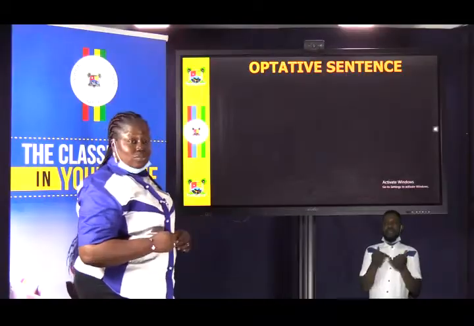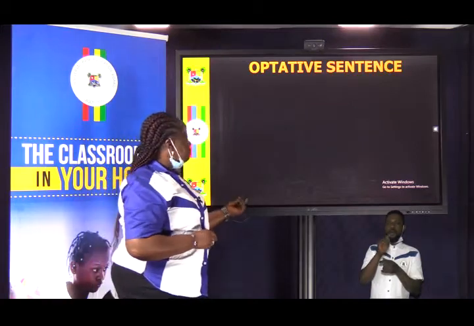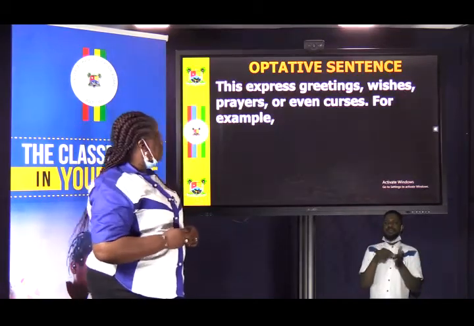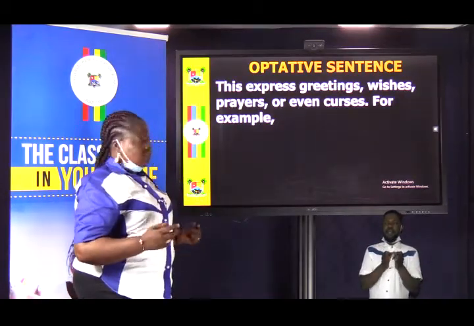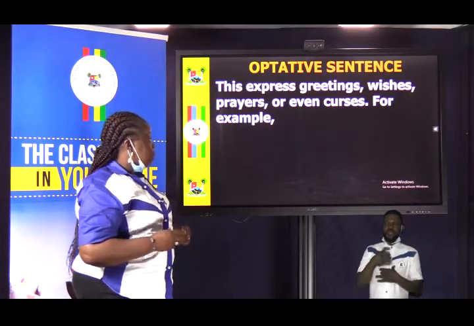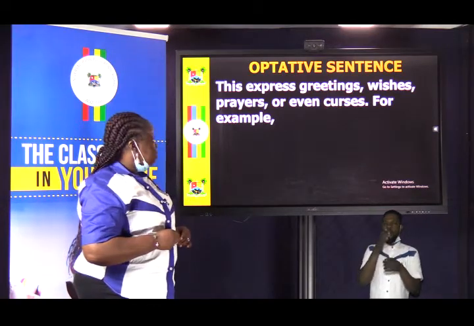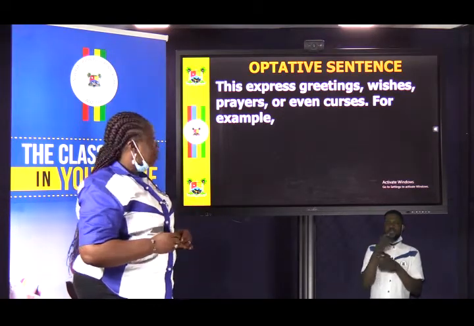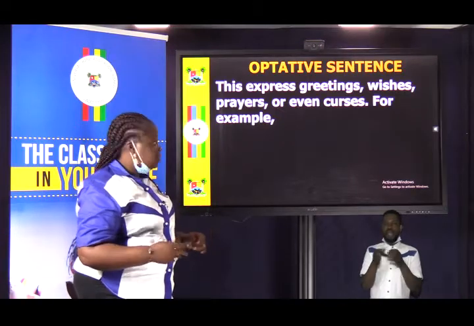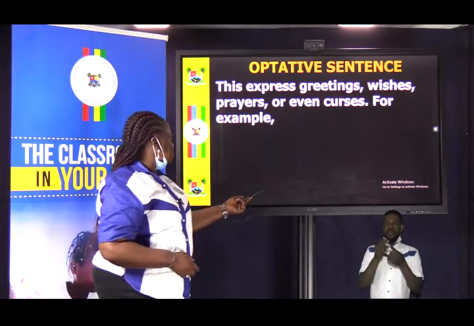Now, let's look at optative sentence. What do we mean by optative sentence? It expresses greetings, wishes, prayers, or even curses. We use optative sentence when we want to express greetings, wishes, prayers, or even curses.